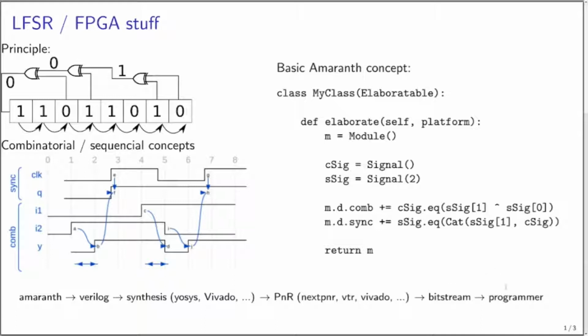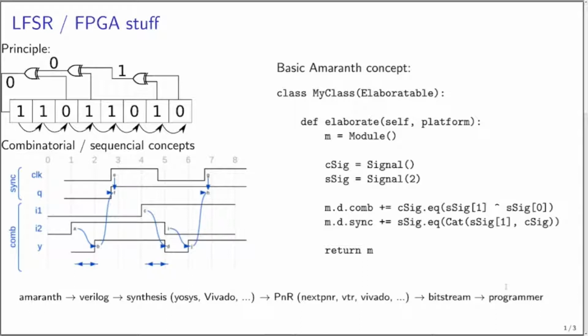And this bitstream is used by a programmer, a specific tool, to load the bit file into the SRAM, volatile, or to flash this bitstream to SPI flash, non-volatile, and able to reload at each power cycle.